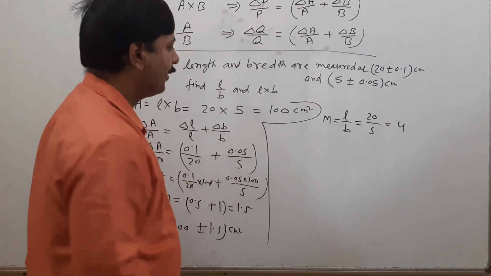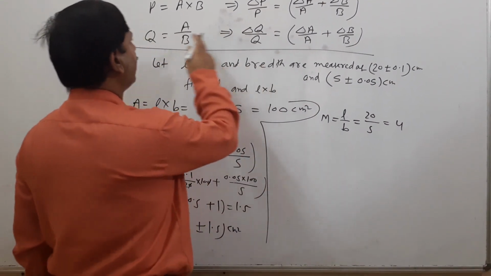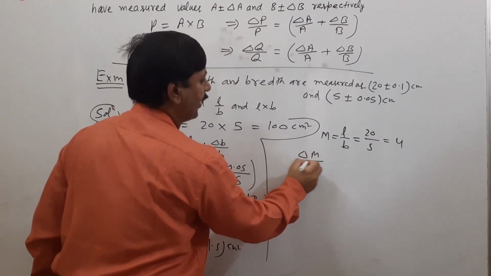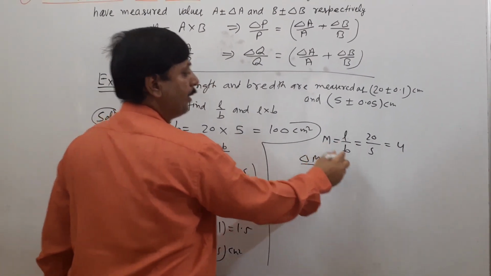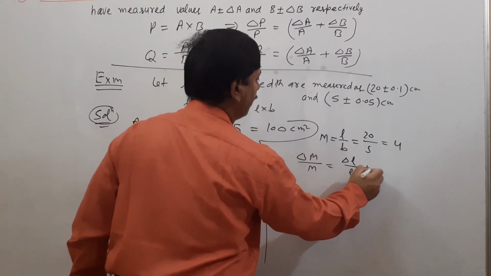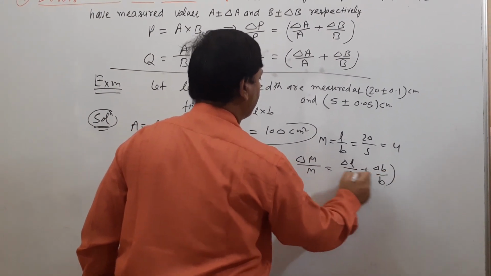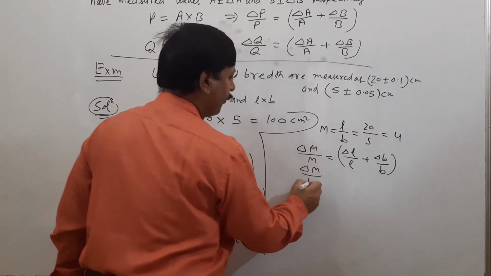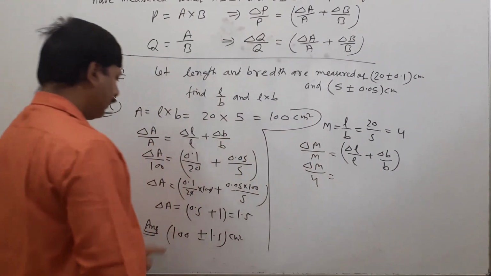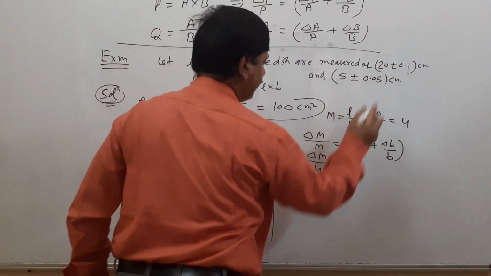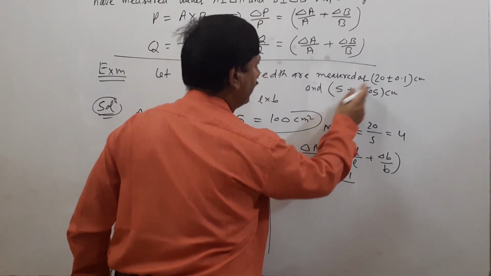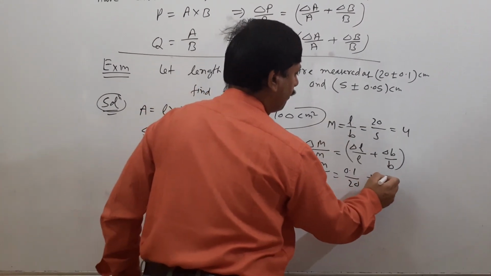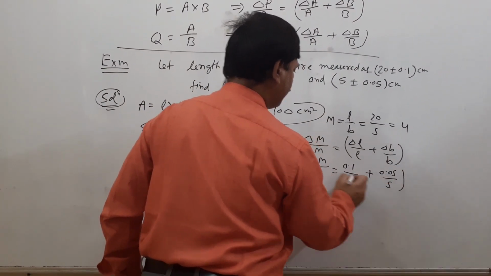For error, what happened? I have told in division also, relative error of M is equal to the sum of del L upon L plus del B upon B. So del M upon M is 4. Del L they have given 0.1 upon 20 plus 0.05 upon 5.